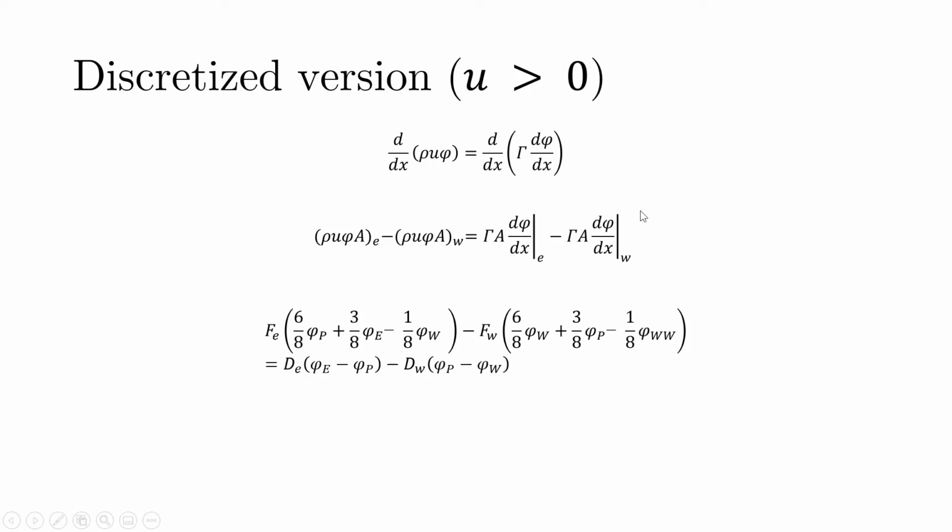The right hand side simply becomes, so my gamma and delta x can be accommodated in the diffusion coefficient, that is D at small e, and then the gradients can be written as phi E minus phi P, and similarly for the other term. So we are not modifying the right hand side. The right hand side still assumes that phi is varying piecewise linearly in the system, and that is why the gradients are expressed in the linear form.